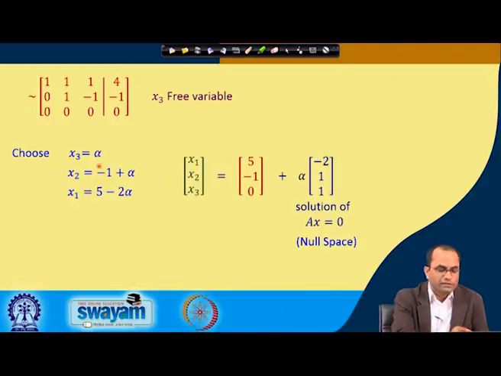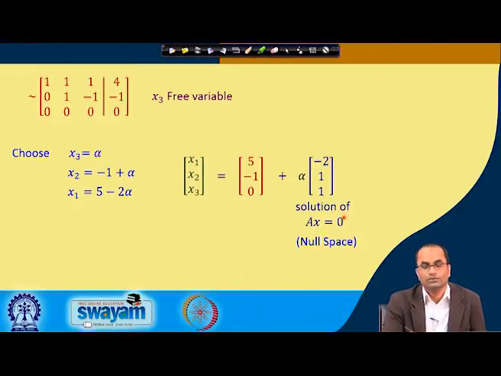Once we have written the solution, it has two components, one without alpha and the other with alpha. The part with minus 2, 1, 1 exactly satisfies Ax equals 0, and since alpha is just a constant, alpha times this also satisfies Ax equals 0, because A into alpha x will also satisfy it.